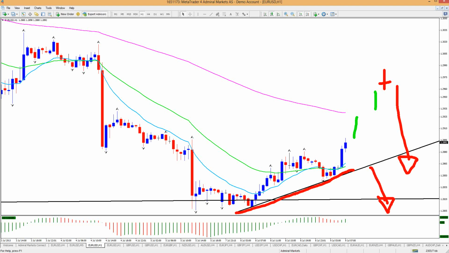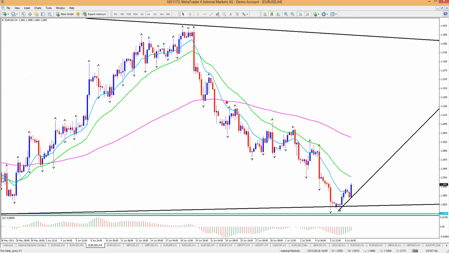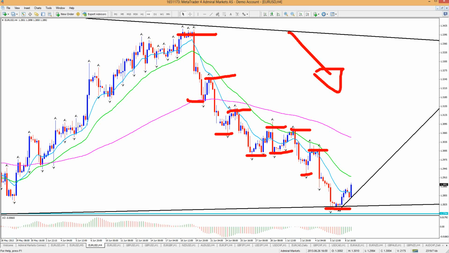So the only thing we can do is either trade it to the upside, which in my opinion is risky because we've had this massive downside already, right? Clearly on the 4-hour chart, which is what I use for trend definition, we clearly have lower lows, lower highs. And this is valid for euro and pound, by the way, it doesn't matter, right? So it's clearly a downtrend, but on the 1-hour chart, price is moving up, all right?